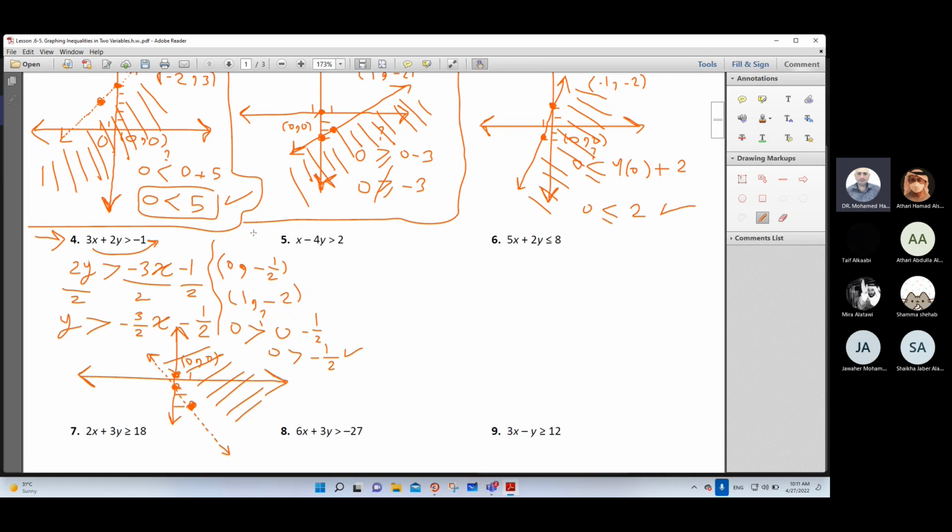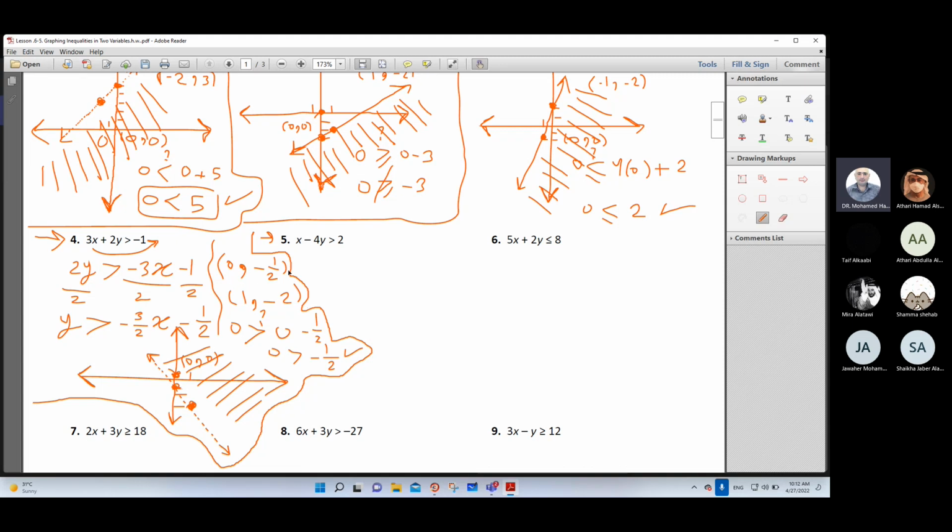Okay, who has any question about exercise number 4? Now, I want all of you to write number 5 in your notebook and write this inequality like y greater than. Prepare this inequality to be y greater than.